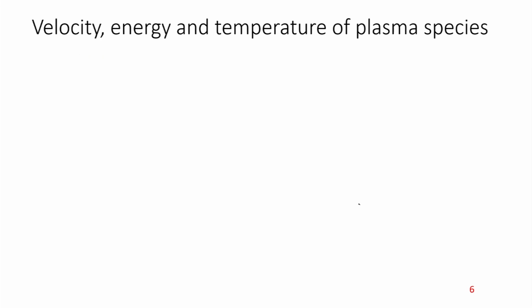Now, we will see the velocity, energy and temperature of the plasma species. This will also be useful for our subsequent discussion about the effect of the plasma environment on the spacecraft. So, the velocity is related to the kinetic energy.